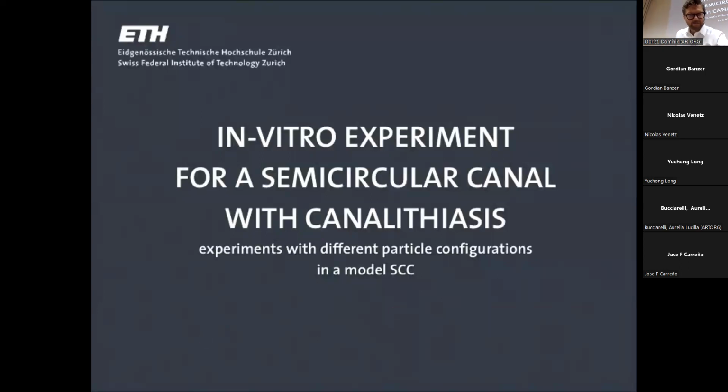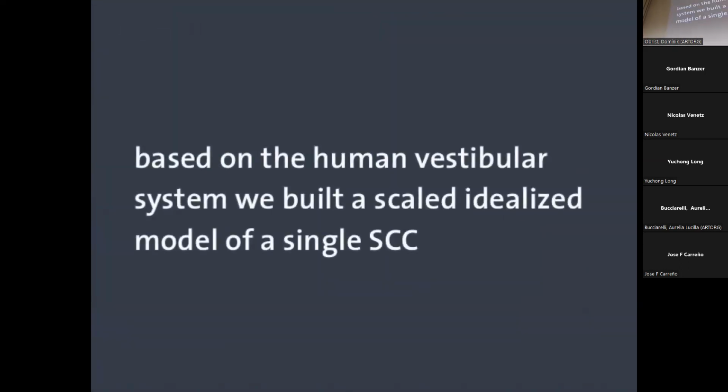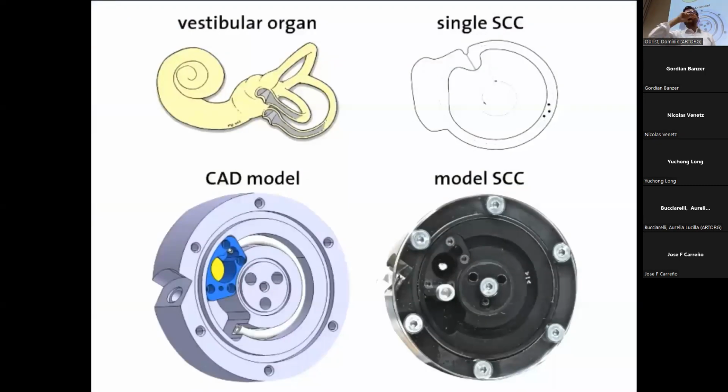This is a movie from a master thesis by a student quite some years ago. He designed a scale-up model for a semicircular canal. Why scaled up? Well, if we want to study this, everything is very small, so we decided to make it 5 times larger.